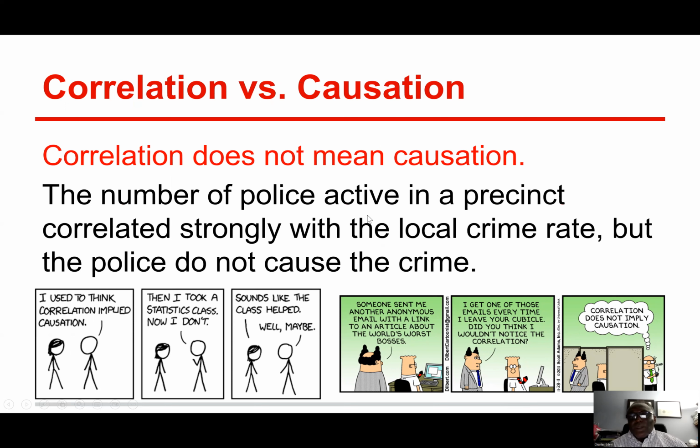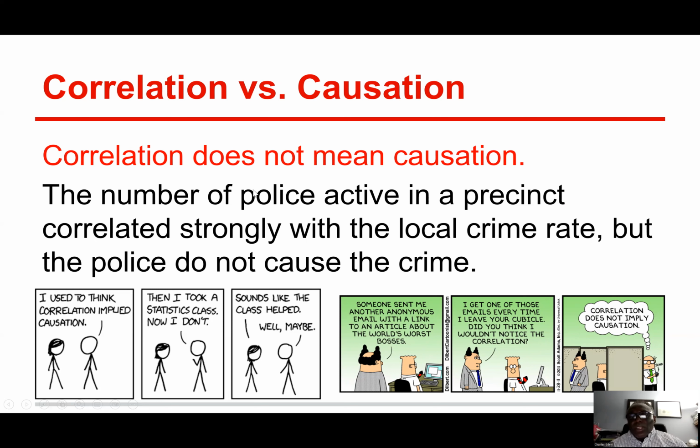A confounding variable would be a third variable that will cause a relationship between two variables. An example would be, we had data from Florida that during the summertime, ice cream sales go up. And at the same time, shark attacks in the ocean also increase.